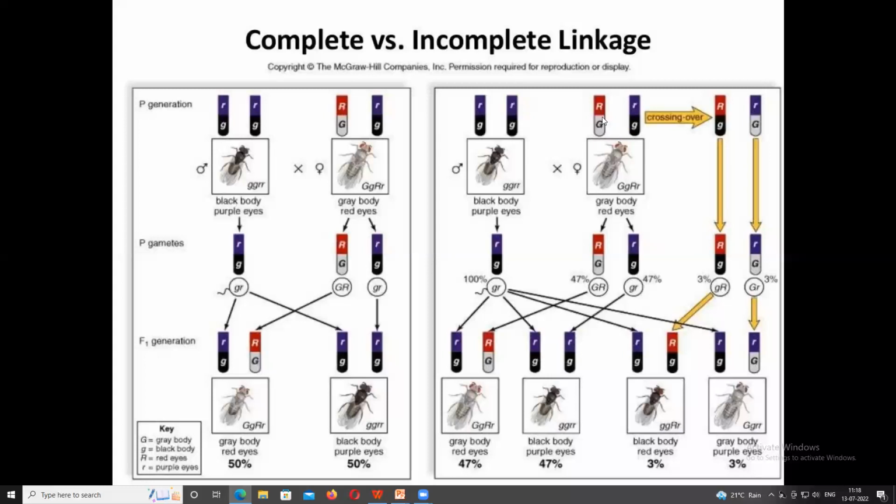A and B, a distance between A and B is possible. Crossing over happens at this point, R and G.